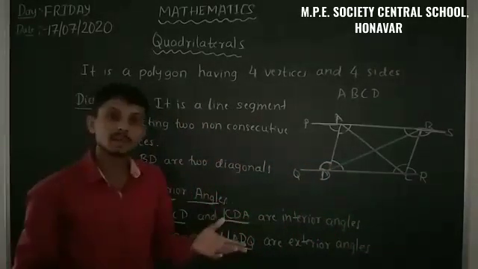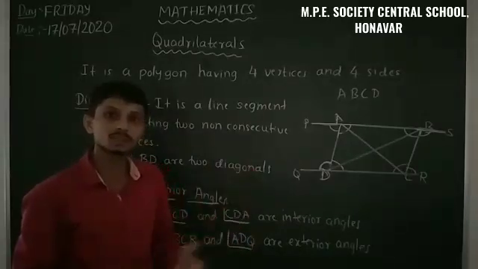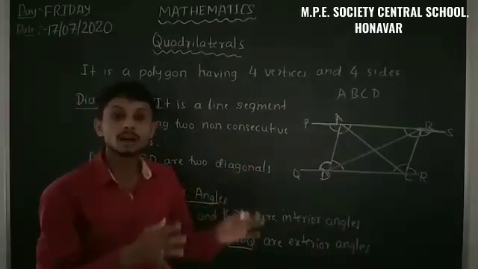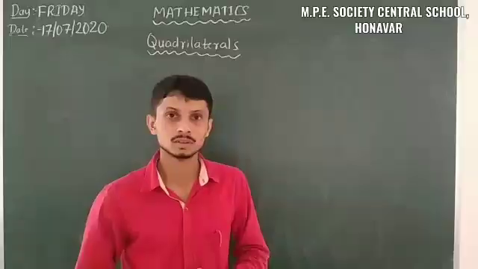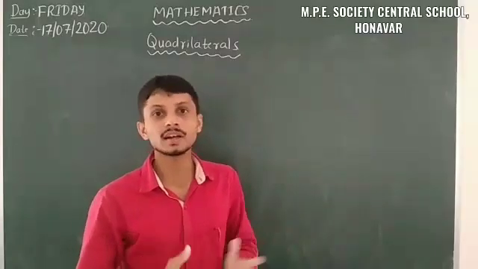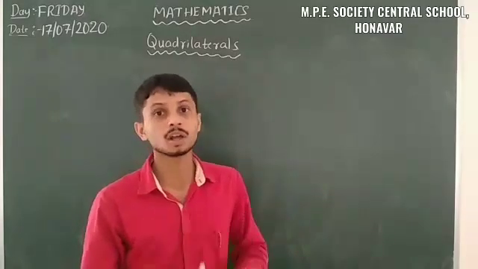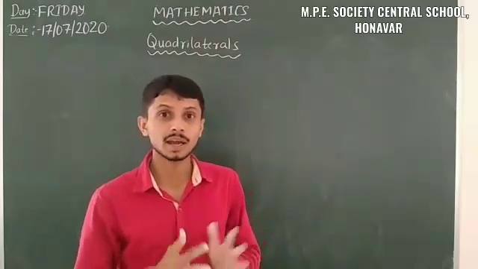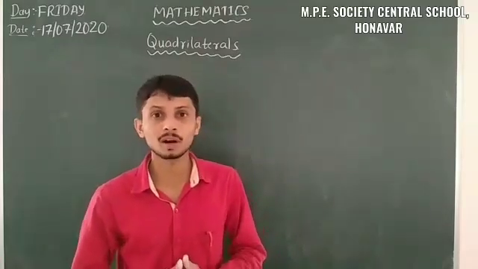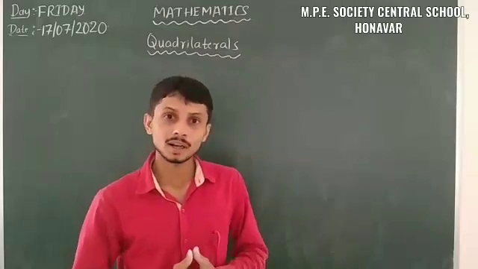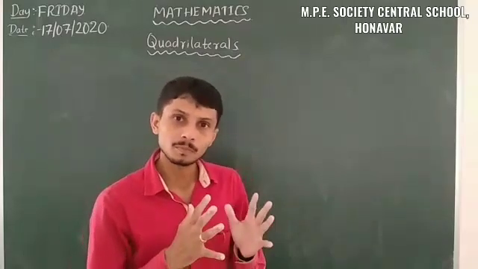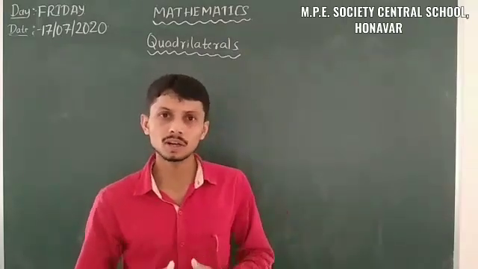These are all some of the terminologies we use in the case of quadrilaterals. In this class we learnt about what a polygon is, what closed curves are, what is meant by a quadrilateral, and what the terminologies of polygons and quadrilaterals are.